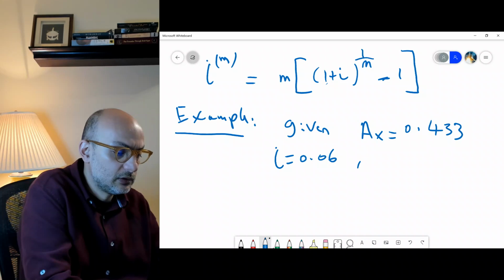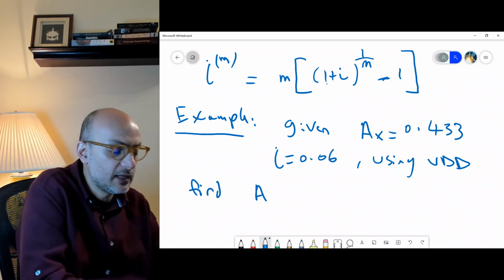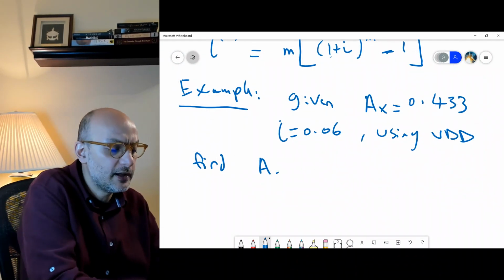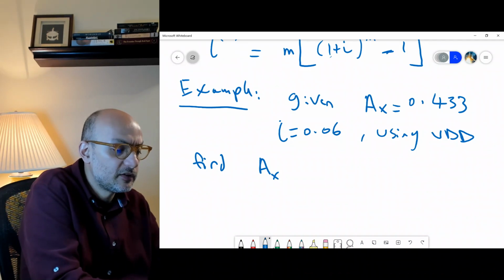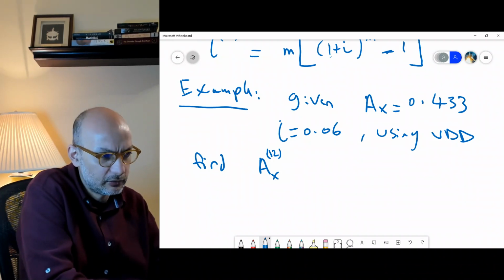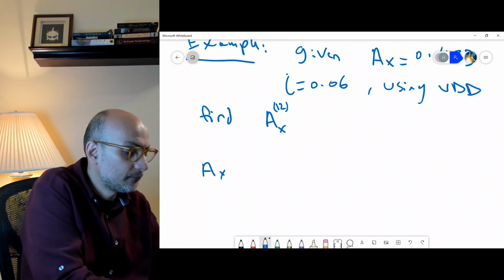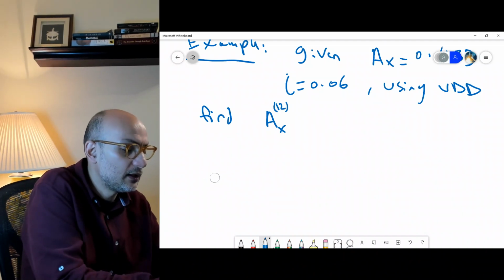Now using UDD, find what we wanted, let's say the insurance paid monthly, at the end of the month when death occurs. Right, let's do that. So A_x. Firstly, we need i^(12).